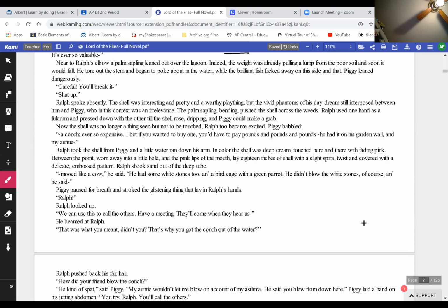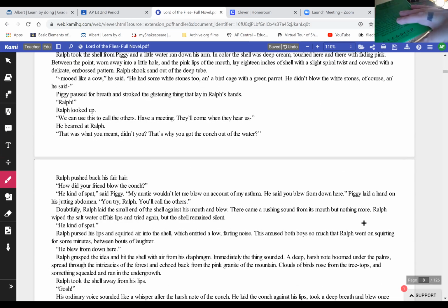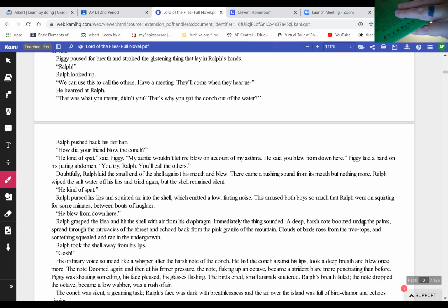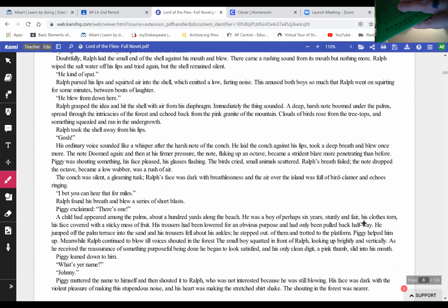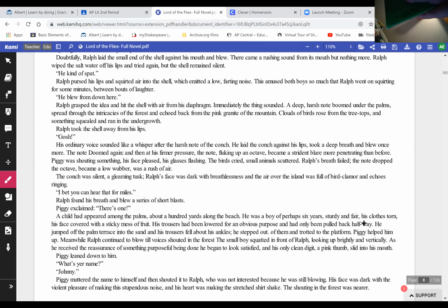Again, Ralph's incredibly rude to Piggy all the way through, being mean, which young boys tend to do, especially when there's no adults around. And again, it's Piggy's idea: he says, we can use this to call the others.